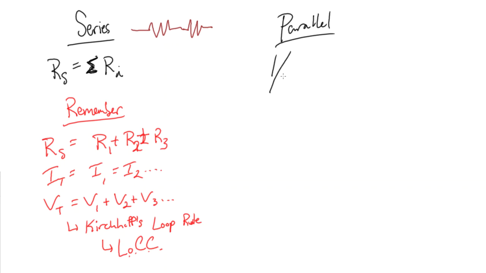Parallel, and your reference sheet says 1 over resistors in parallel equals the summation of the inverse of your resistors. Now, what I'd recommend for you to remember when it comes to this stuff is these formulas.